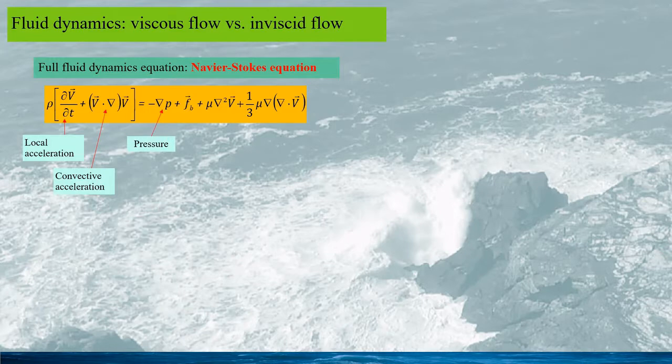On the right-hand side, the force due to the fluid pressure, the body force acting on the fluid, the dissipation term due to the fluid viscosity, and the fluid compressibility term. The last 2 terms are related to the fluid viscosity.